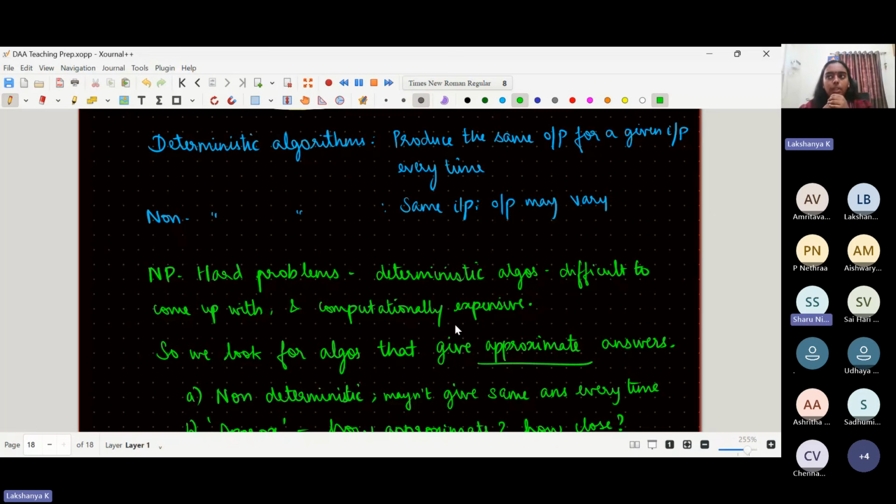Can someone give me one example for deterministic and one example for non-deterministic? Deterministic? To check if a number is even or not. Odd-even, very good.